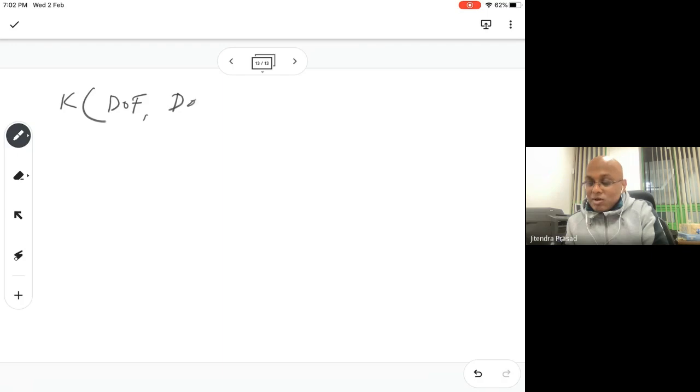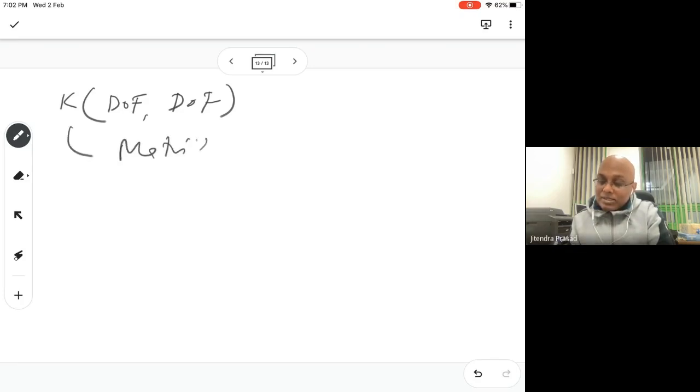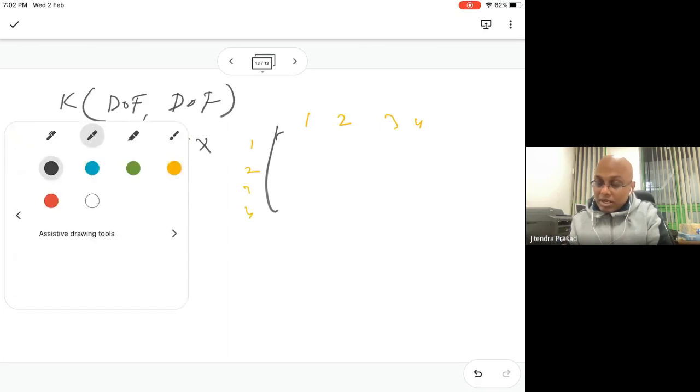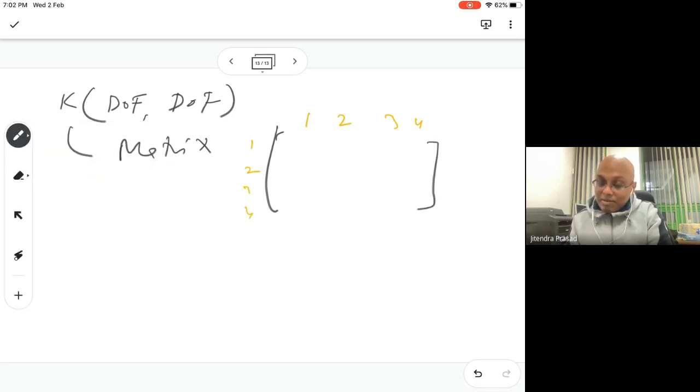Okay, the programming part. K could be a matrix, so let's say the matrix is like this, with rows and columns 1, 2, 3, 4, and you have entries here: K11, K12, and so on. Let us say you want to choose K22, K24, K42, K44.